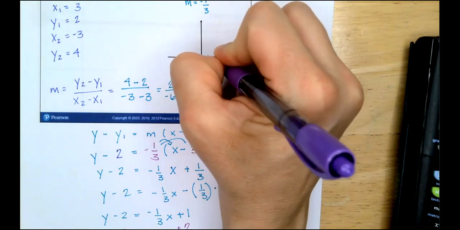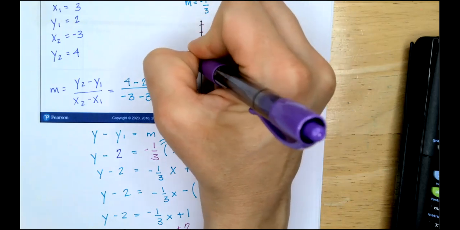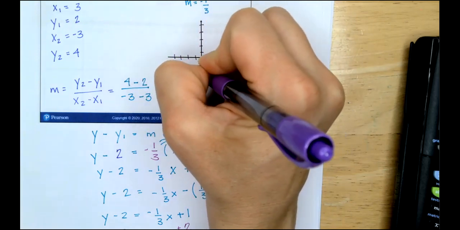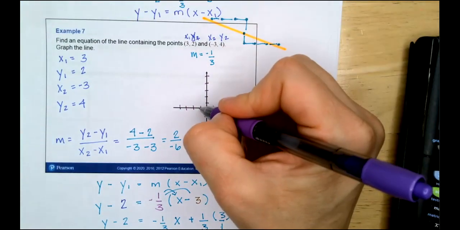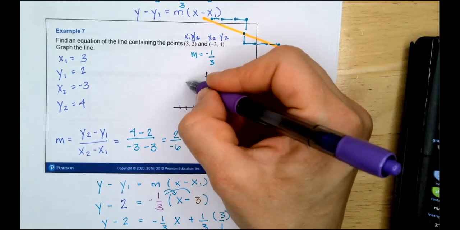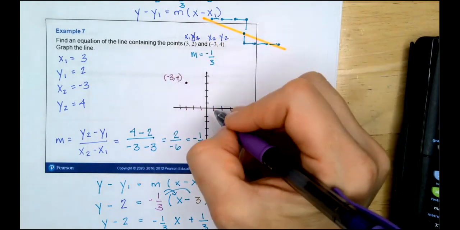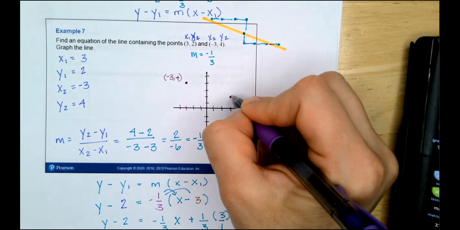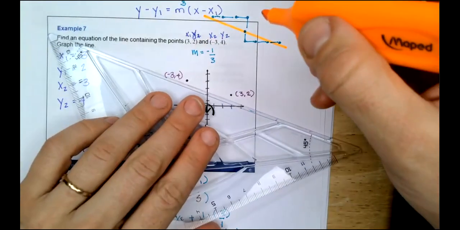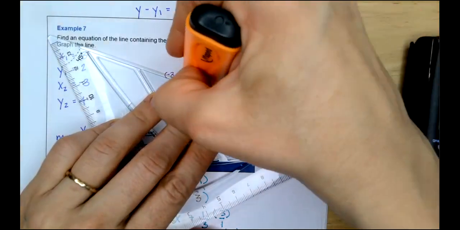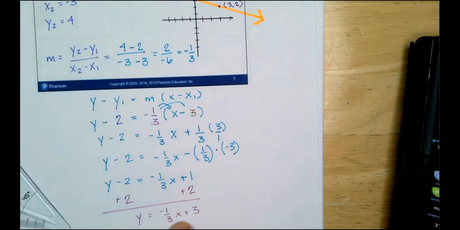So when I graph the point negative 3, 4, that means negative 3 on the x, 4 on the y, and 3, 2, that should also be the line y equals negative 1/3 x plus 3.